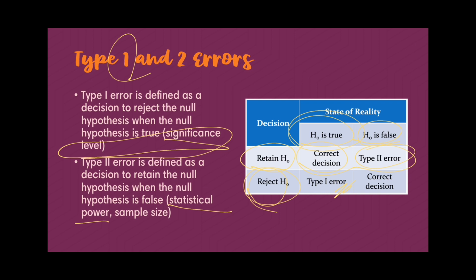How do we make sure that we won't commit that error? This is setting up a good statistical power. The power of a statistical test is the probability that the test will correctly reject a false null hypothesis. It is the probability that the test will correctly detect a real effect between the independent variable and the dependent variable. So that's statistical power.